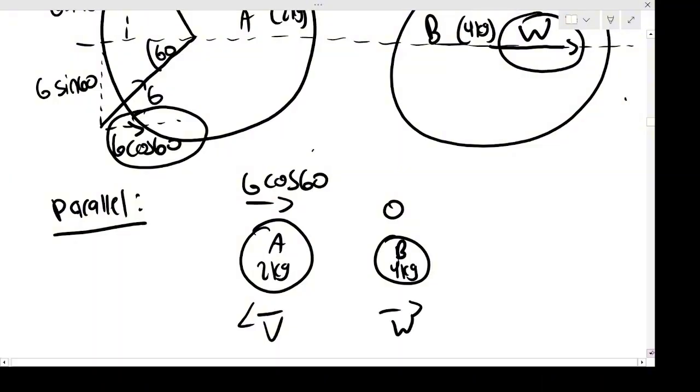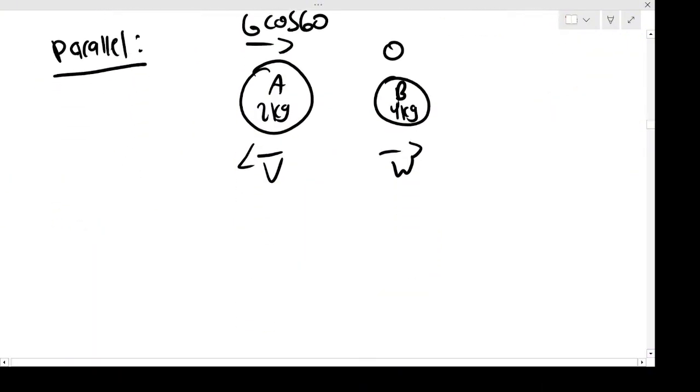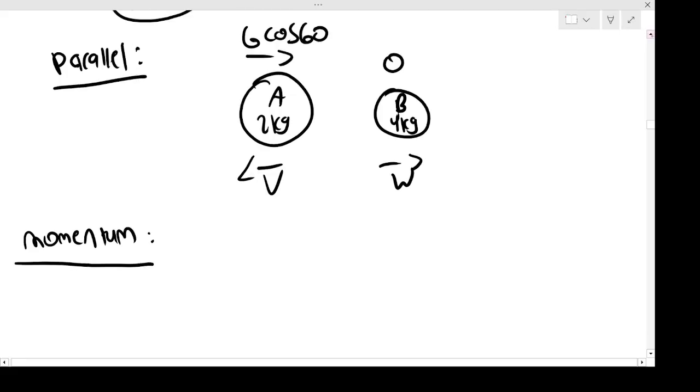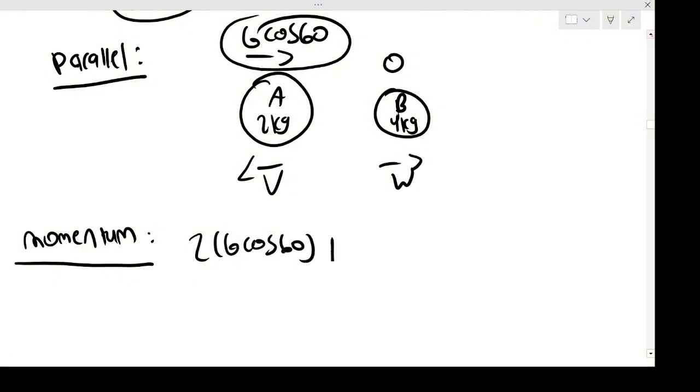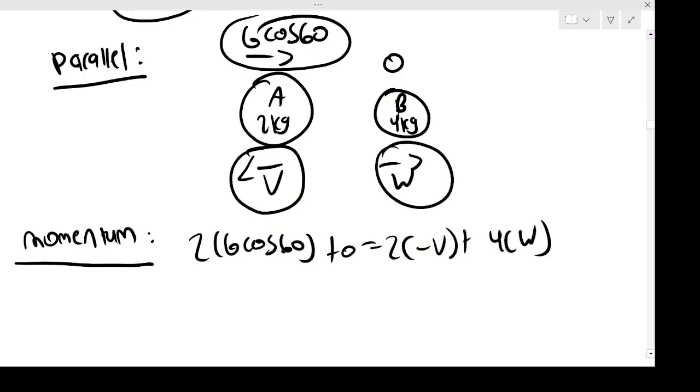Now if I do my momentum and restitution, just like we did in year 1. So momentum. For A, it's going to be mass 2 lots of the speed, 6 cos 60, and for B, it's 0. And then that will go to 2 lots of minus V, because it's going backwards, and then 4 lots of W for B. Hopefully happy with that.